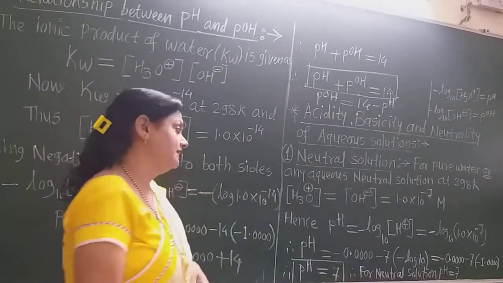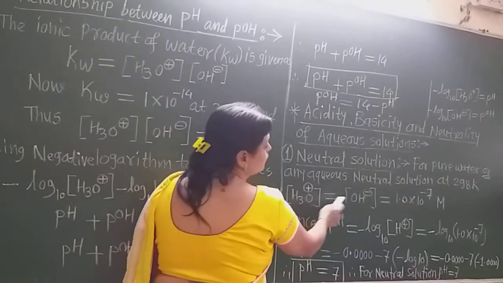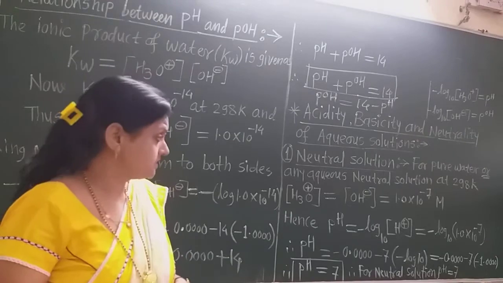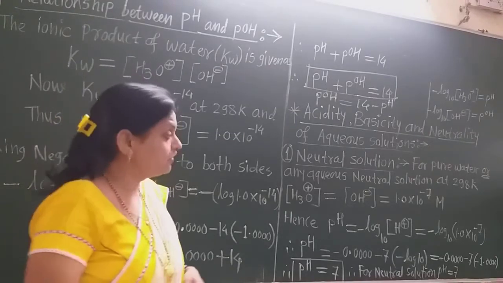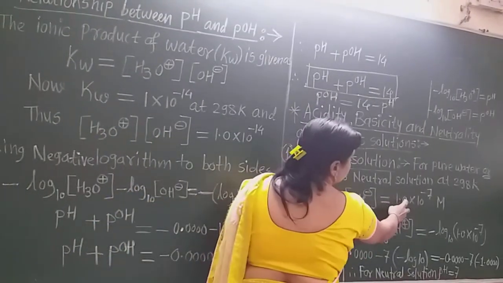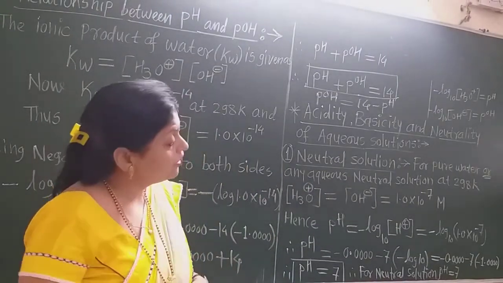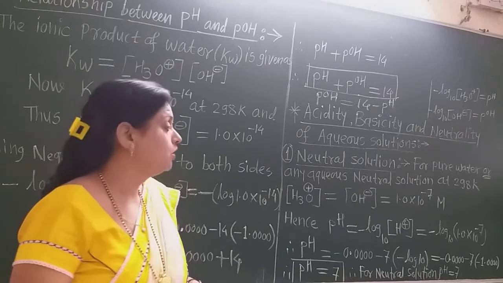We know that H3O plus is equal to OH minus, and the value of these ions is 1.0 into 10 raised to minus 7 molar. Both have the same value, 1.0 into 10 raised to minus 7 molar.